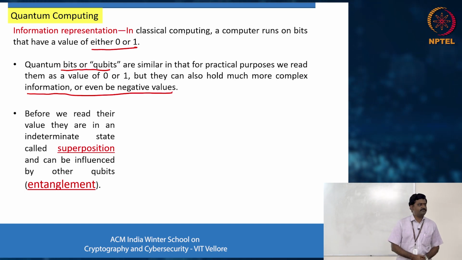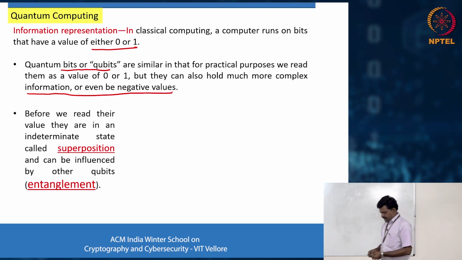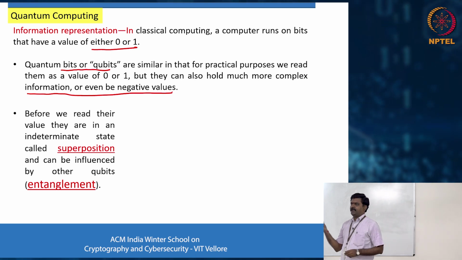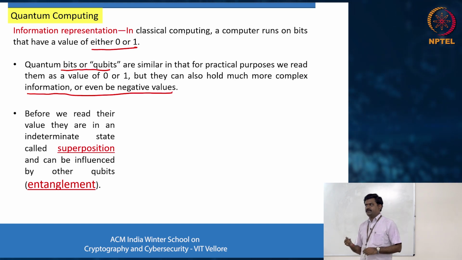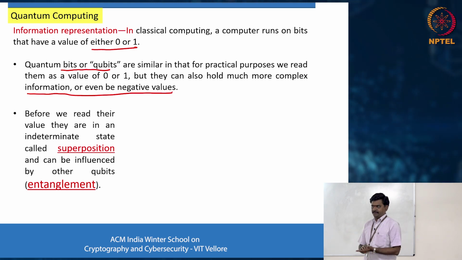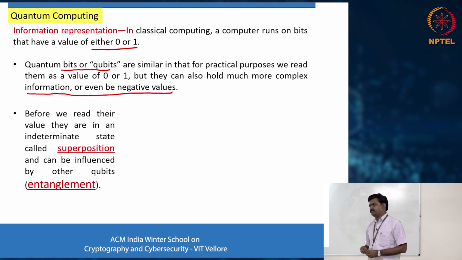Just to give you a brief idea. If you see the coin, typically you have a head and tail, right? So when you throw it, it would be either head or tail. At any point of time, like a bit will have 1 or 0.